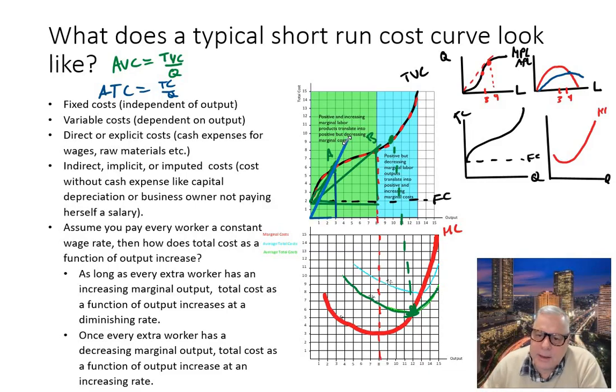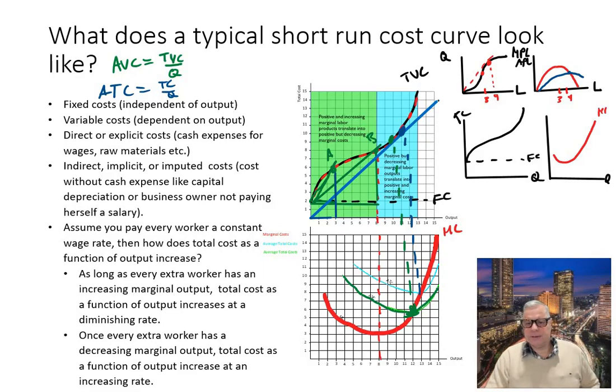Okay, but then if I just move along the total cost function, you see the slope gets flatter and flatter, and maybe here slightly to the right there is the minimum of average total cost. Okay, so you get the idea.